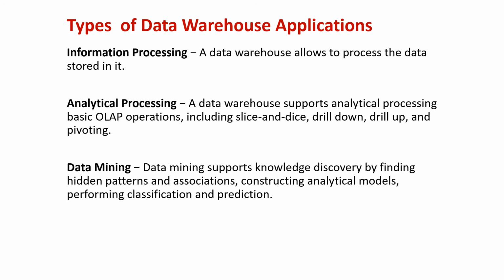Analytical processing means a data warehouse supports analytical processing based on basic OLAP operations that include drill down, drill up, and pivoting operations. Data mining, as we all know, supports knowledge discovery by finding hidden patterns and their associations, constructing analytical models, and performing classifications and predictions.